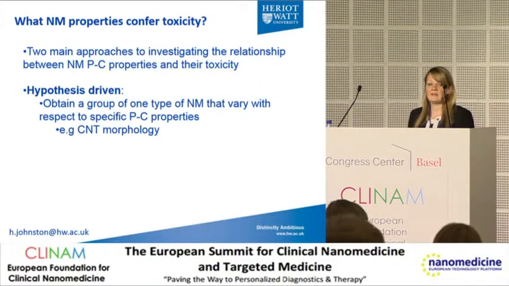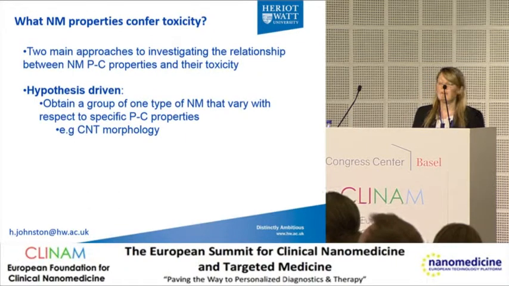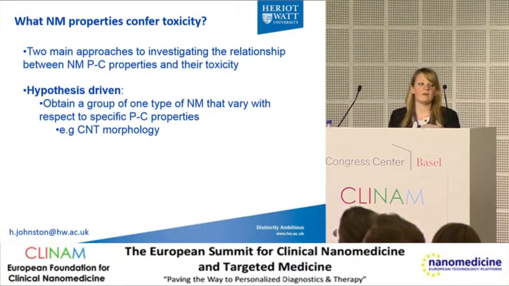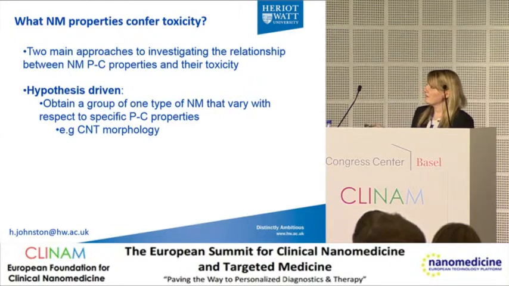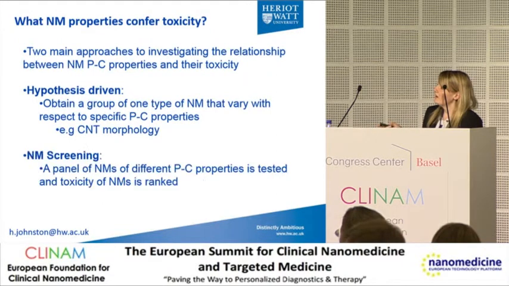The investigators have an idea of the property that's responsible for controlling nanomaterial toxicity and try and obtain a group of that type of nanomaterial that varies with regard to a specific property. An example that I'll go through today is the impact of carbon nanotube morphology on their hazard potential.